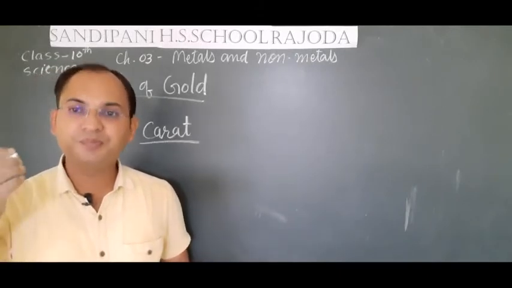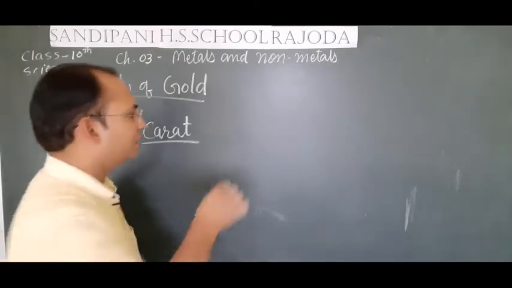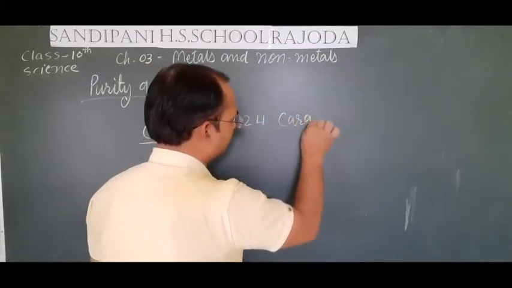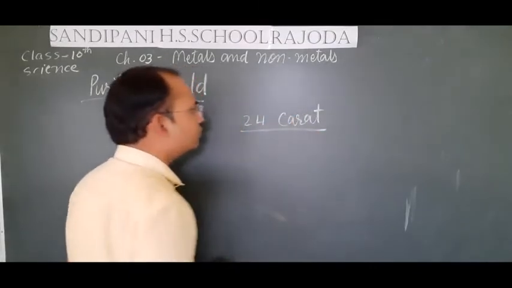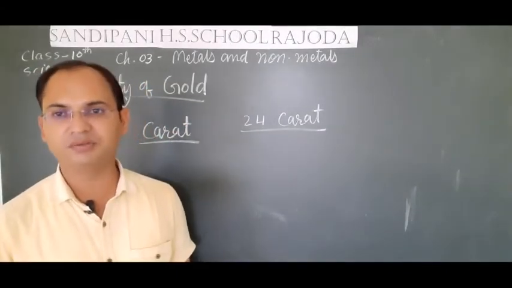Generally, pure gold which has no contamination in it is of 24 karat. So 24 karat gold is considered to be the purest form of gold.